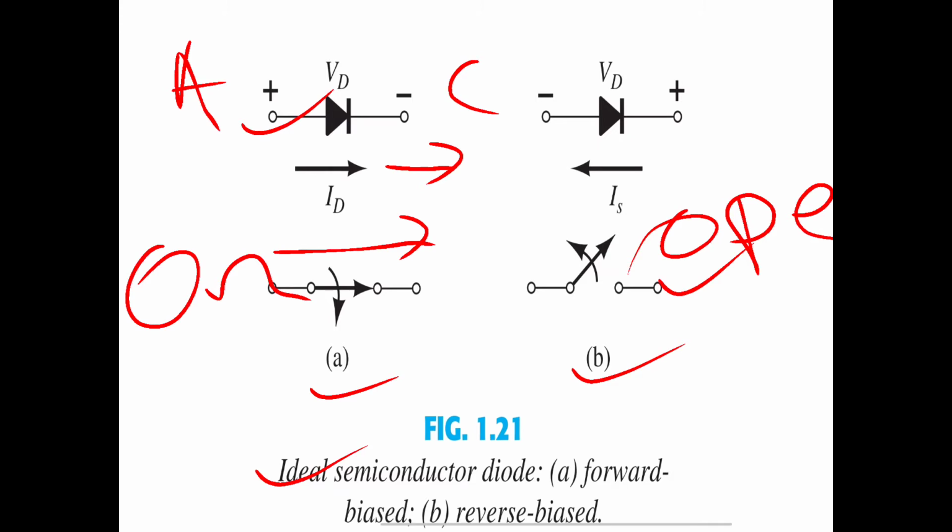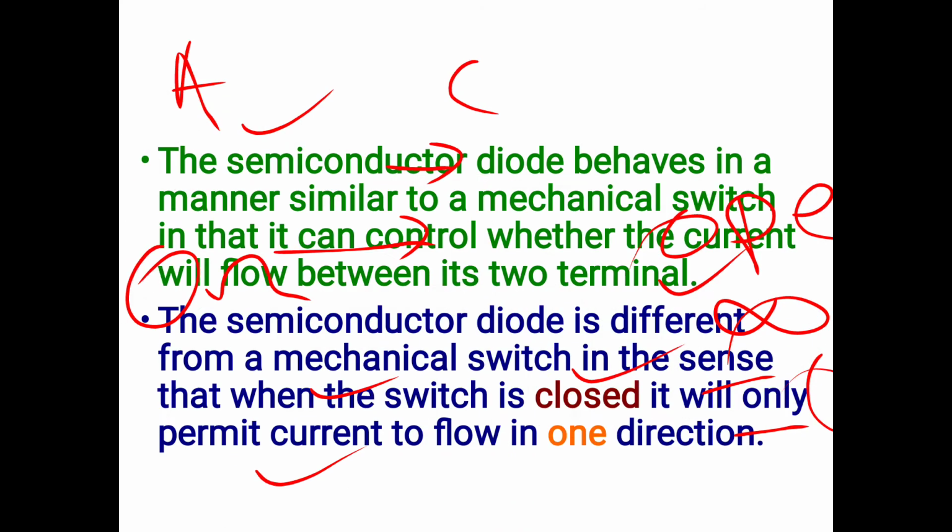That means in case of the open circuit the resistance will be equivalent to infinity, so the current in this case will be equivalent to 0. We will manipulate these things mathematically.